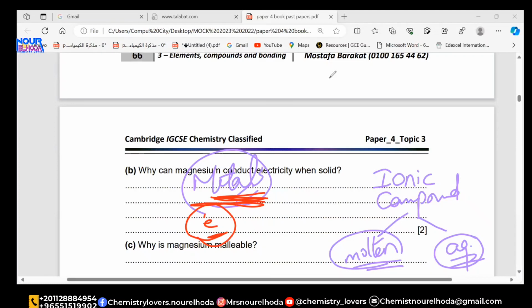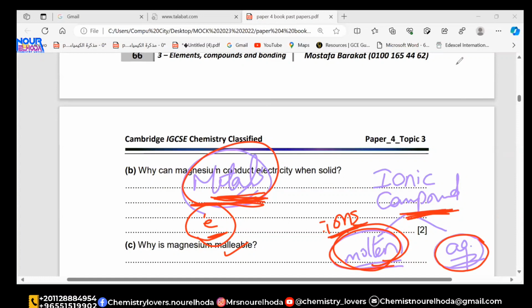But the other one, ionic compounds, why do they conduct electricity when molten or aqueous? Because they have mobile ions, meaning free ions to move. Okay, so don't forget this part please. If he asks why does the metal conduct electricity, I will say because they have mobile electrons or free moving electrons. But if he asks why ionic compounds conduct when molten or dissolved or aqueous, I'm going to say because they have free mobile ions.